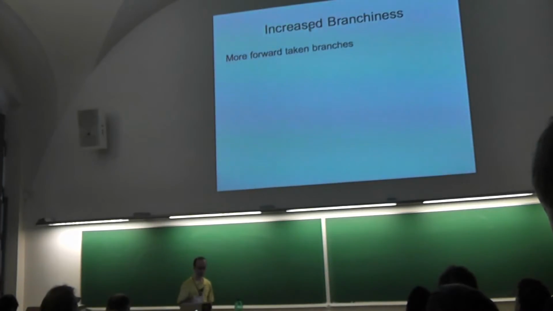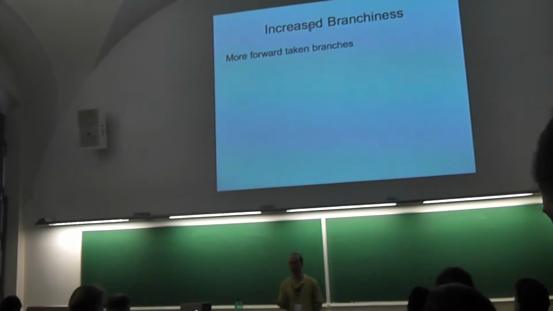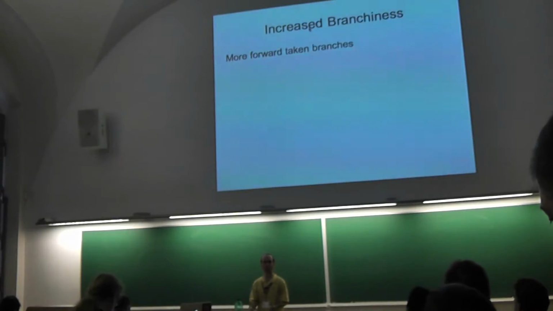Another characteristic of these dynamic languages is that they have very different performance behavior in branches. There are many more branches and many more forward branches, and in most processors, the assumption is that a backward branch will be taken and a forward branch won't be taken.